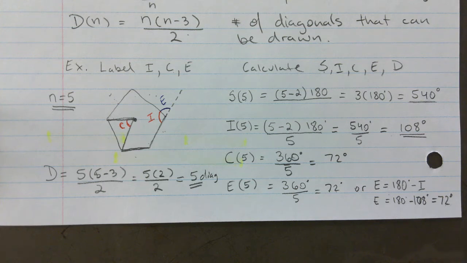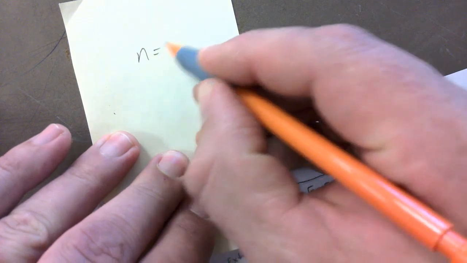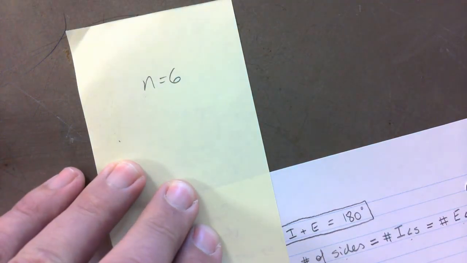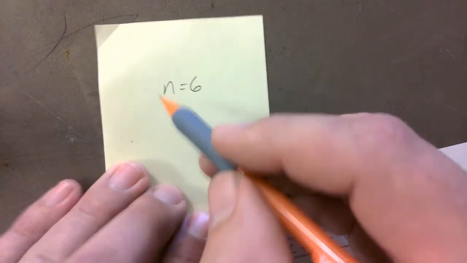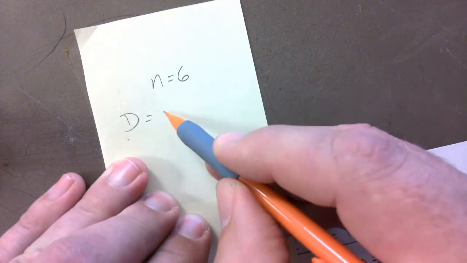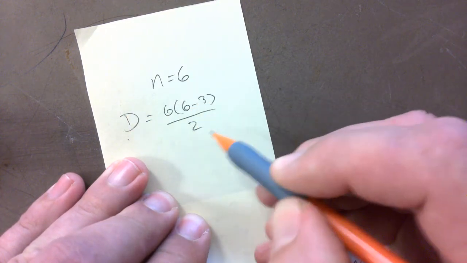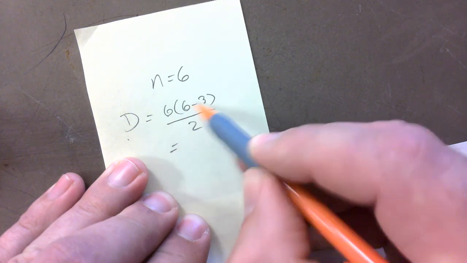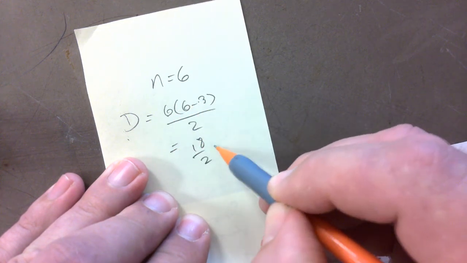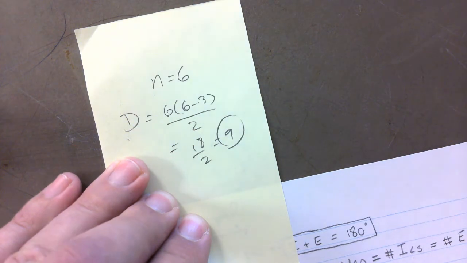Let's use our formula real quick. You don't have to do that in your notes because it's going to mess everything up, right? But if n is equal to 6, then diagonals, I hope this works. Otherwise, I'm in trouble. So 6 times 3 is 18, divided by 2, 9. Phew, right? So that's what that formula does for you.